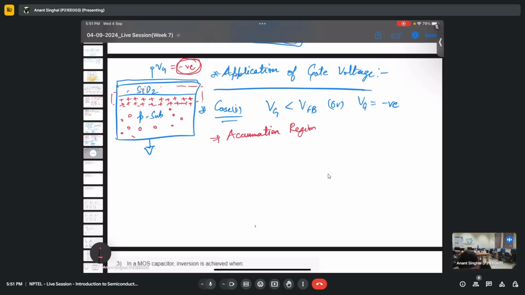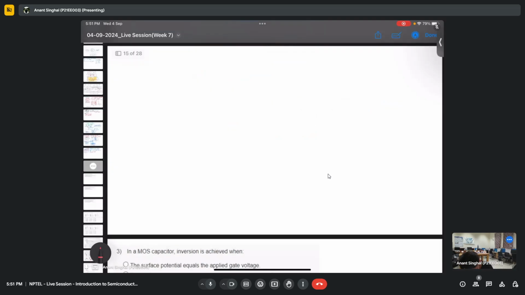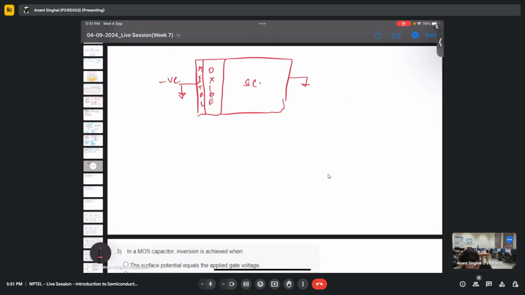So let me try to make it via a band diagram. Let's say this is the oxide, this is the metal, and we have applied a negative bias, and this is the semiconductor. Holes accumulate once I apply a negative bias.